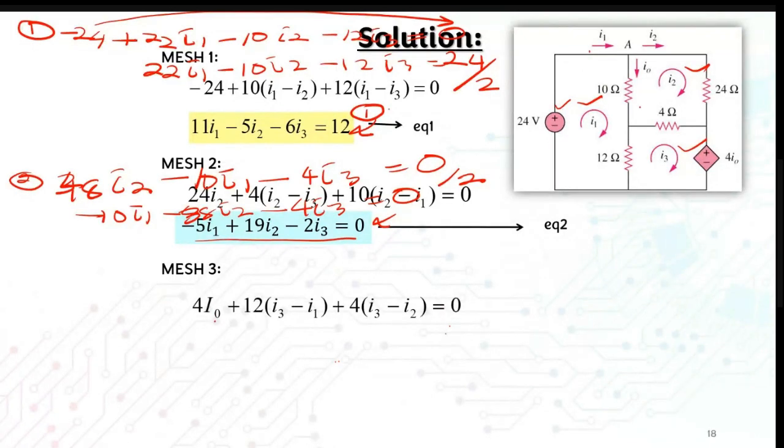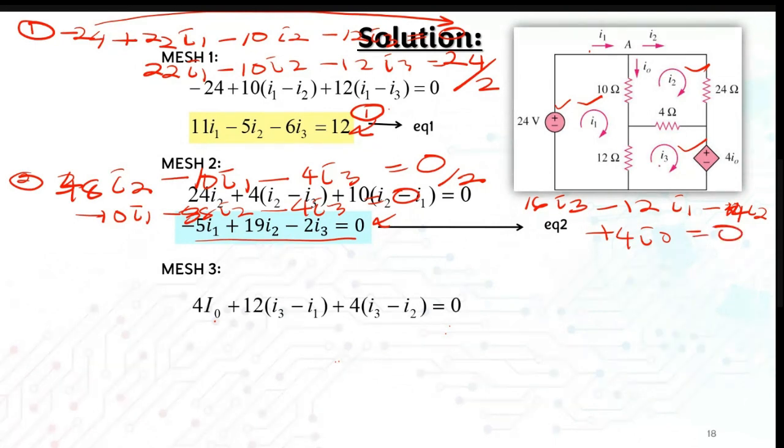For mesh 3, you will have 16 I3 minus 12 I1 minus 4 I2 and then plus 4 I naught equal to 0.